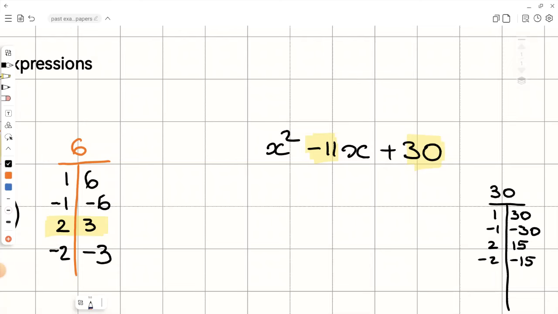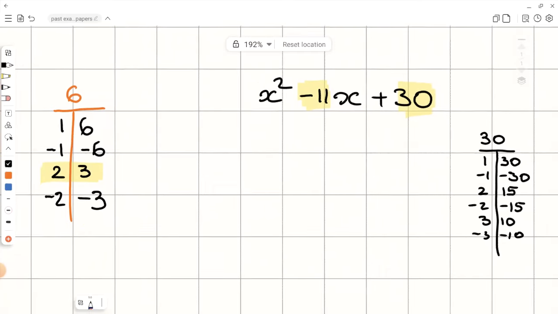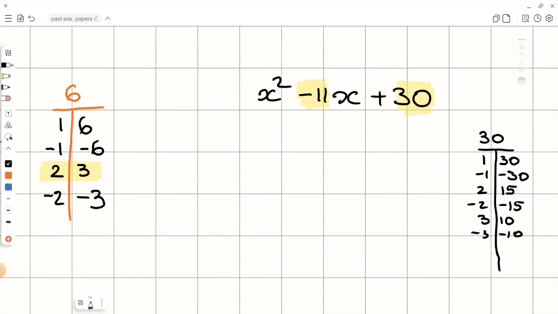We can have 3 and 10, or -3 and -10, and then finally we can have 5 and 6, or -5 and -6.